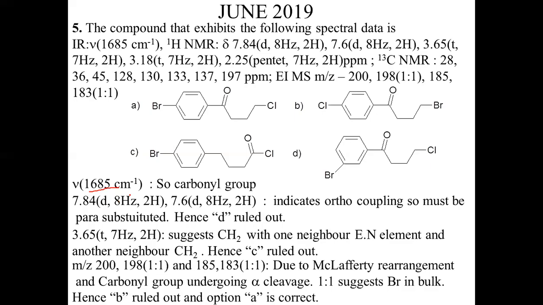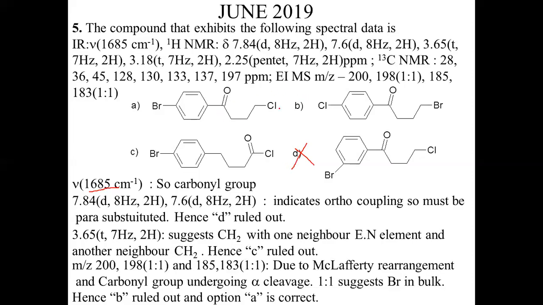When the coupling constant is 8 hertz, you can be sure that it is undergoing ortho coupling. So you have 2 sets of protons and both are having ortho coupling. So it goes without saying they have to be di-substituted, and the relative positions will be in the para position. So when you look at the options, straight away I can discard option B.